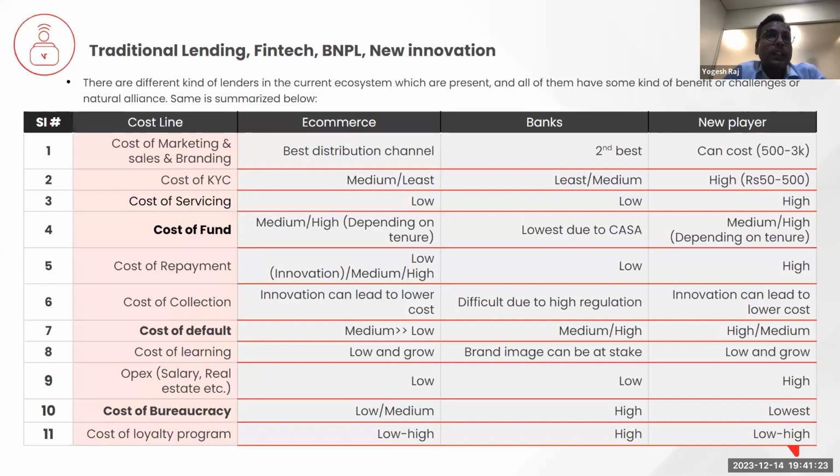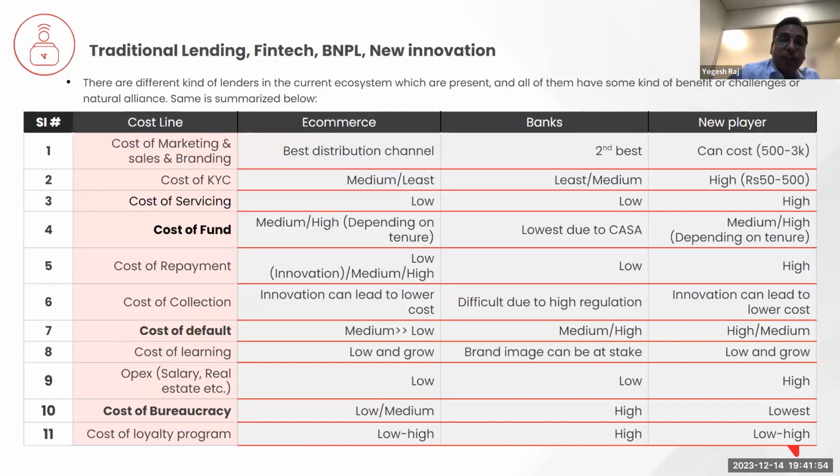For example, at least for people born prior to the 90s, most of us have one account with SBI, although it might not be active, because it is one of the biggest players and has huge coverage in the country. For a new player, it becomes difficult.